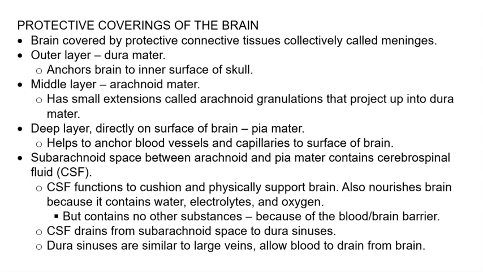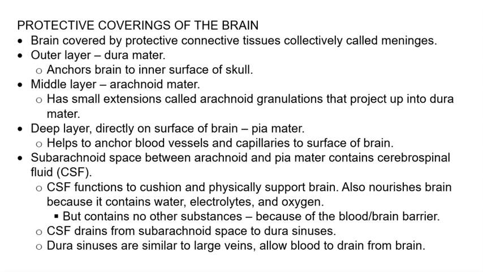They have an outer superficial layer that's referred to as the dura mater. Its function, at least in the brain, is to anchor the brain to the inner surface of the skull. The middle layer is referred to as the arachnoid mater, and it has small extensions called arachnoid granulations.